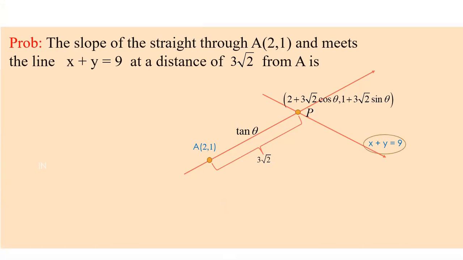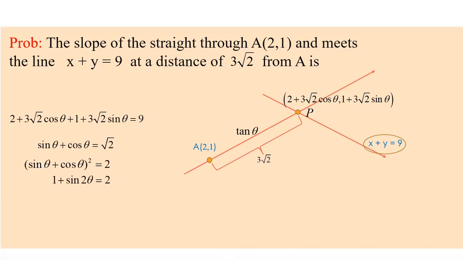That means in this line equation, when we substitute these coordinates, 2 plus 3 root 2 cos theta, 1 plus 3 root 2 sin theta, the equation must be satisfied. Substituting that, the 2, 1 and 3 root 2 are moved to the other side. Then sin theta plus cos theta comes out to be root 2. Squaring both sides, 1 plus sin 2 theta is 2. Then from that theta is equal to pi by 4.